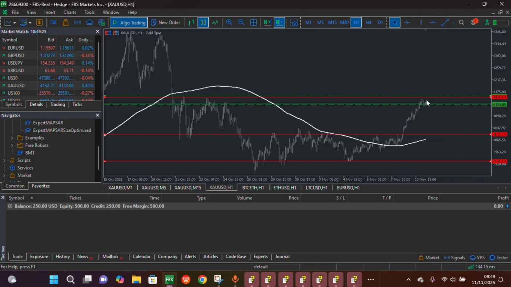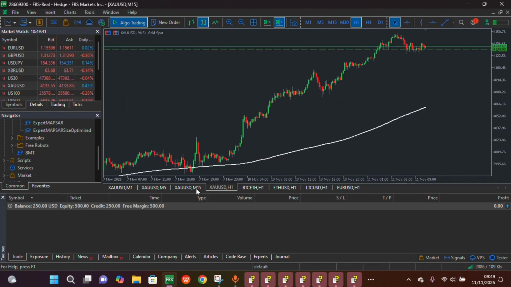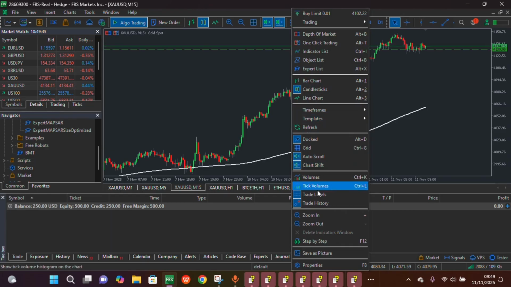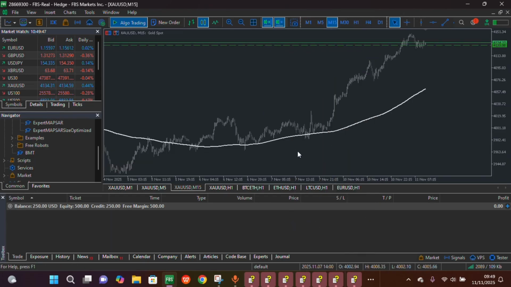But if it breaks structure and keeps moving even forward, then you know that the market sentiment has changed. So right now, for us to scalp, we have to study the H1. When we study the H1, we will now have to go to the 15 minutes time frame, and you also see almost the same thing, all right. So this is this, and this is the 200 moving average.